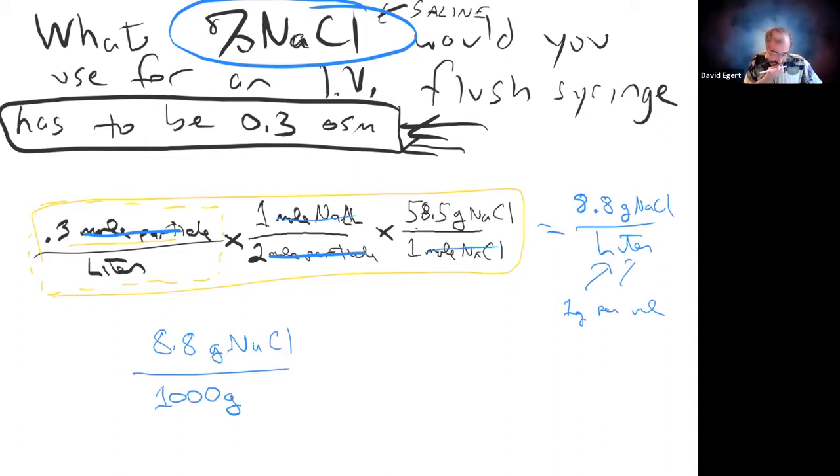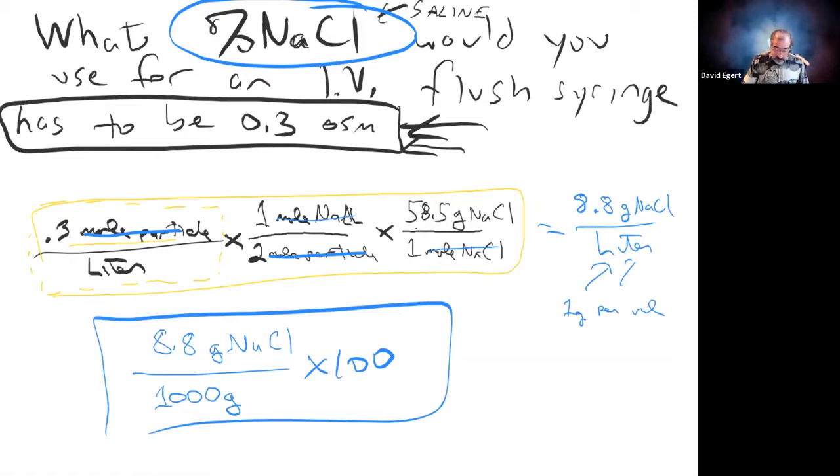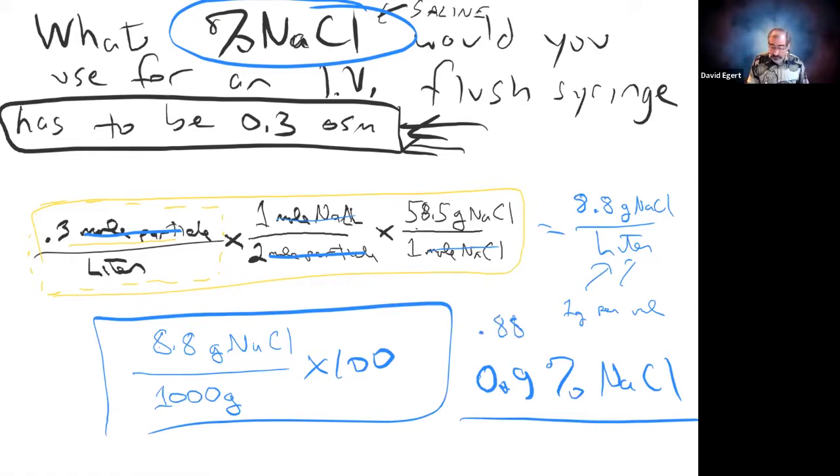And then to make it a percent, you have to multiply times 100. So if you multiply it out and round, it basically becomes 0.9% NaCl. It becomes 0.88, but we just say 0.9.